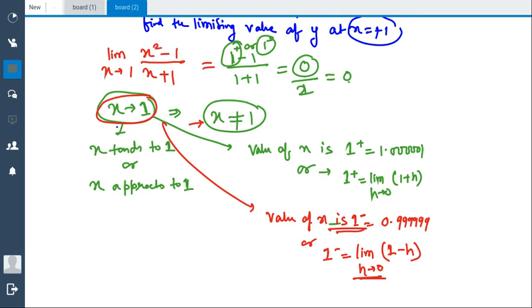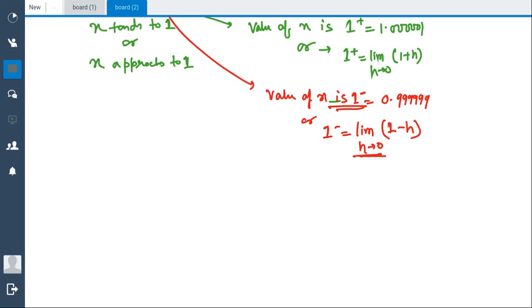So suppose a question comes like, what would limit x tends to 2 plus of 3x plus 5 give? Exactly here, 2 plus means the number that is 2.0001.